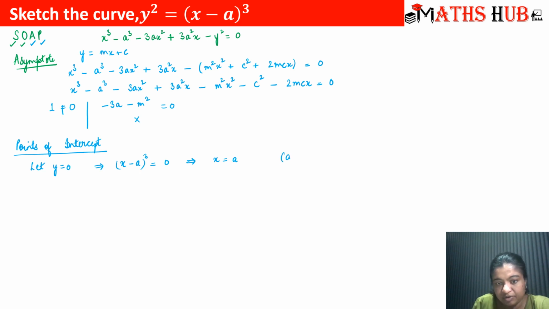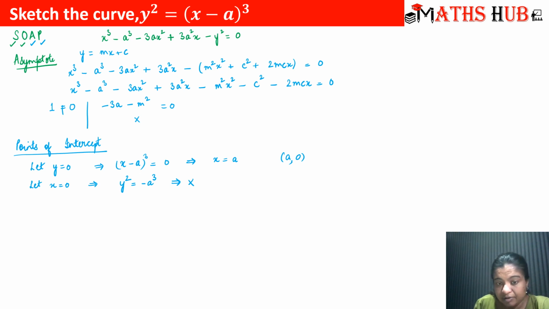So that means the point of intersection is a comma 0. Similarly, when I put x is equal to 0, that will give us y square is equal to minus a cube. So this will not give me anything, right? So the x-intercept is a comma 0. That means the curve passes through the point a comma 0 rather than the origin.